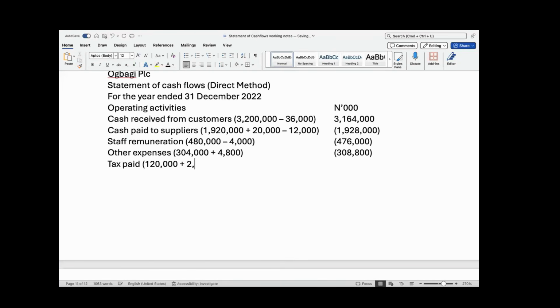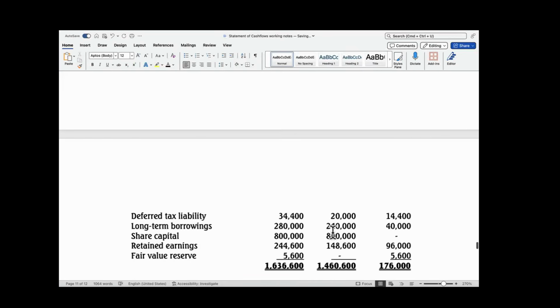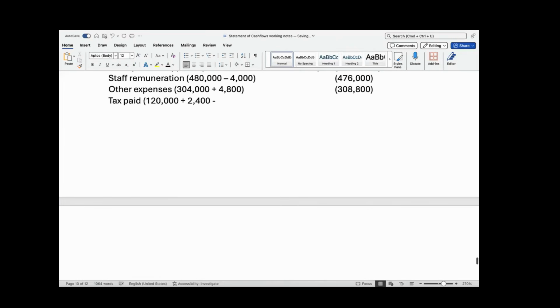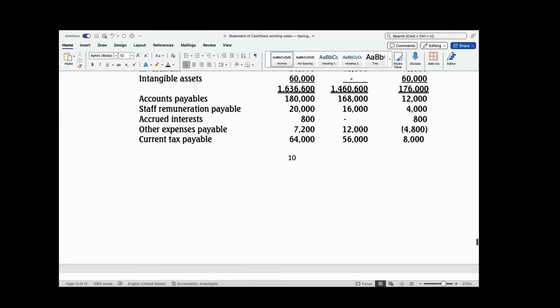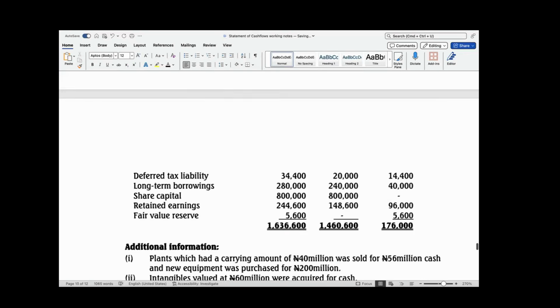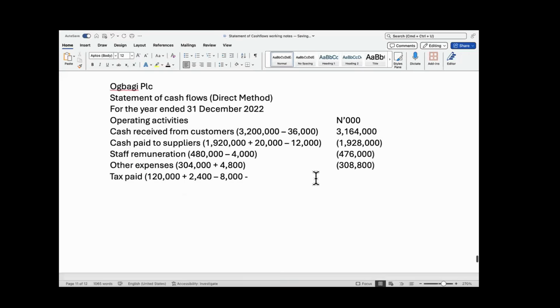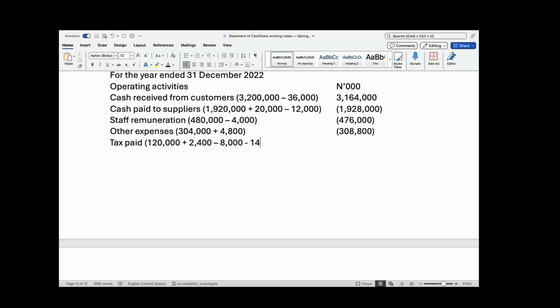Out of this, the current tax is 8,000 for the year, and the deferred tax is 14,400 for the year. These are the ones I've not paid. So how much have I paid?